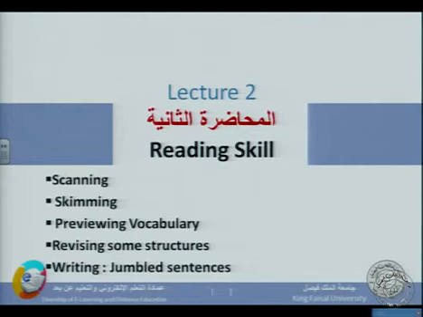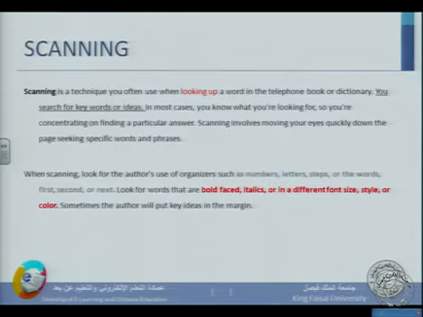Okay, so we will cover five things in this lecture: scanning, skimming, previewing vocabulary, revising some structures and grammar, and jumbled sentences.